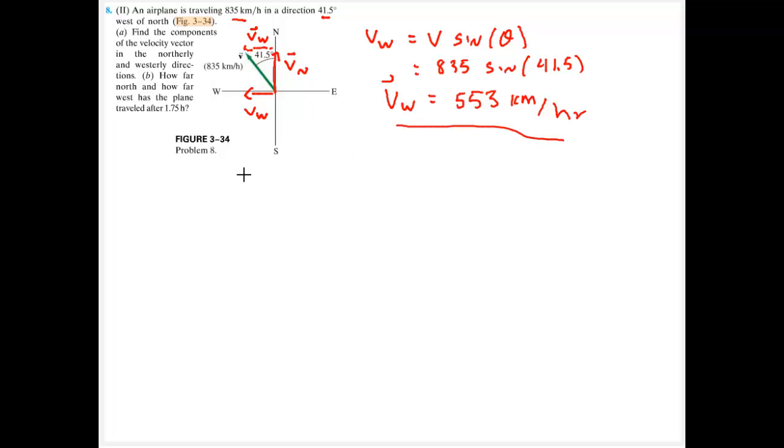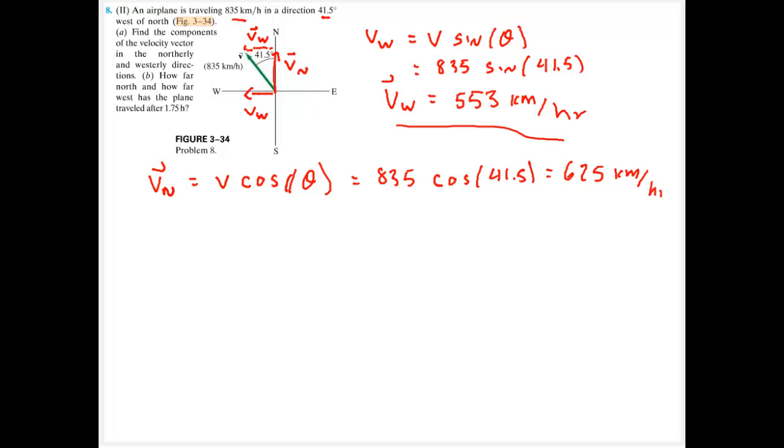So there's that part of it. Similarly, the velocity in the northerly direction, that's going to be V multiplied by, now it's going to be the adjacent side, so it's going to be the cosine of that angle. So 835 kilometers per hour multiplied by the cosine of 41.5, and we're going to come up with 625 kilometers per hour.